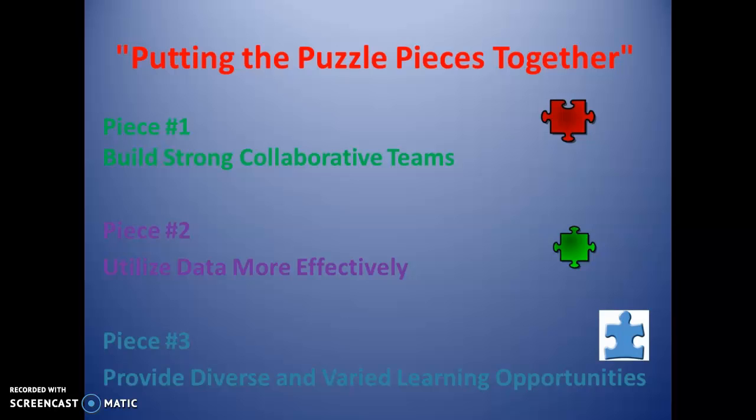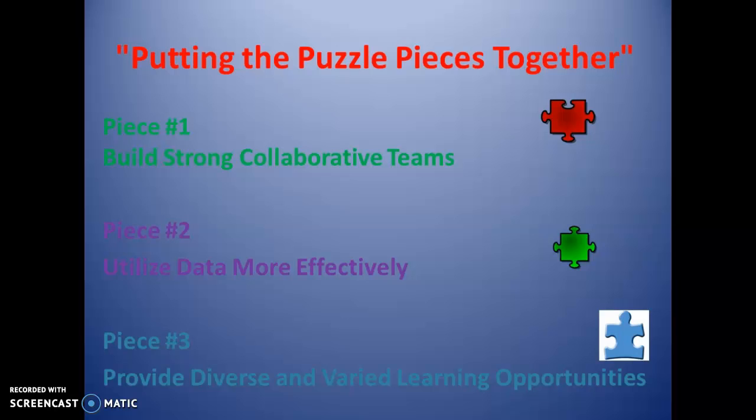Number 3, provide diverse and varied learning opportunities. When we plan for success, we must ensure that education isn't always one size fits all. And closing the gaps in rural schools may require varied solutions. And that means not just one pathway to success, but we want to make sure we create multiple pathways to success.